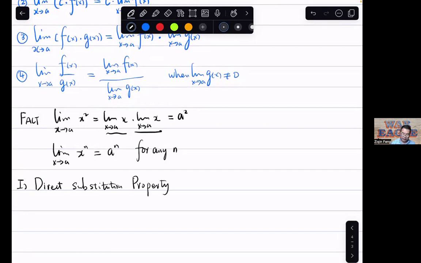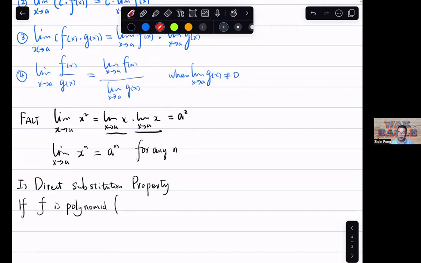Okay, if f is a polynomial. What's a polynomial? A polynomial is basically a sum or difference of several power functions, sometimes multiplied by numbers.